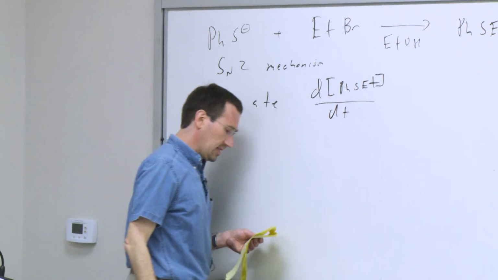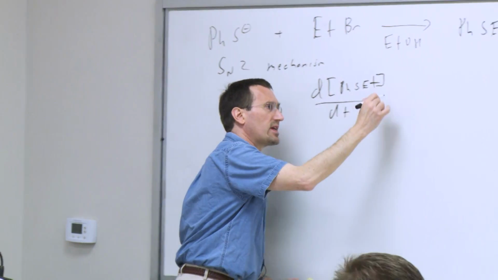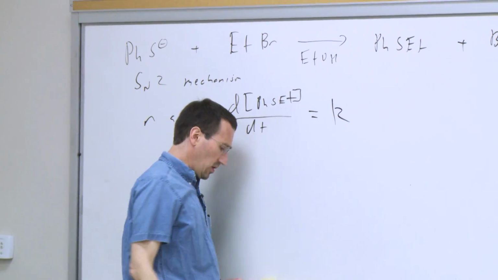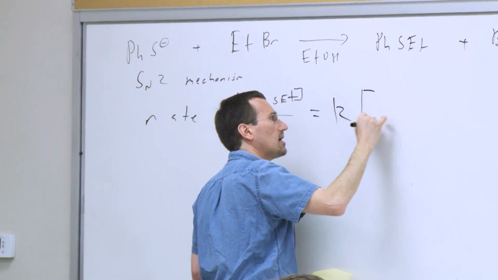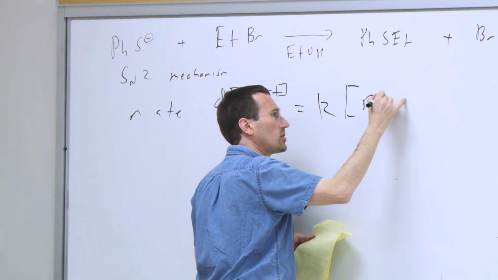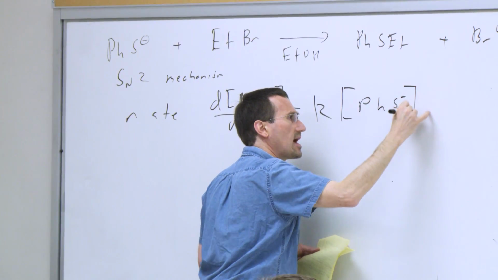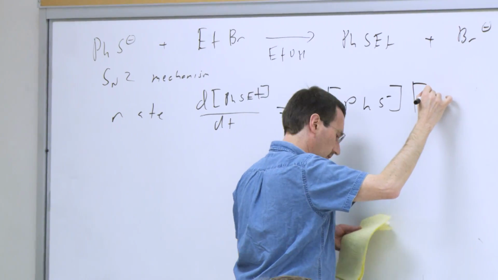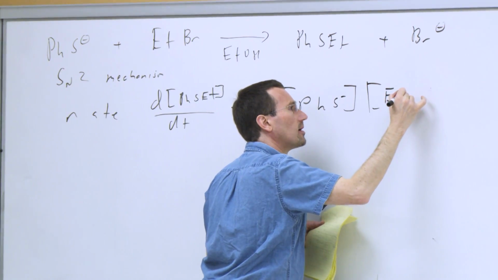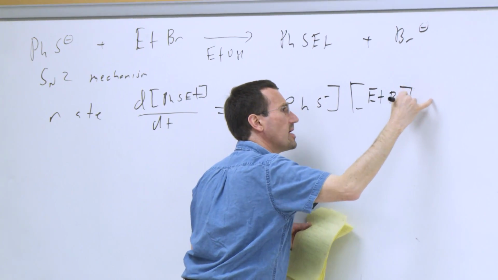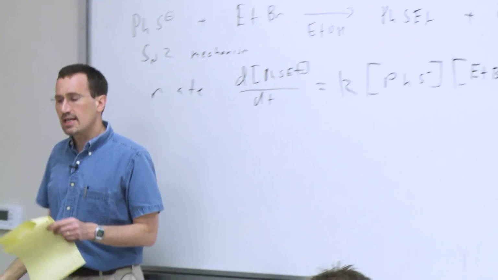with respect to time, we would expect a rate equation that's k times the concentration of benzene thiolate times the concentration of ethyl bromide. In other words, just as in the previous example, if I double the concentration of electrophile, I double the rate of reaction.